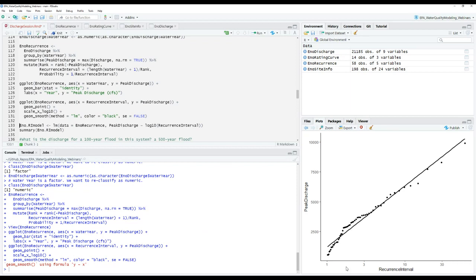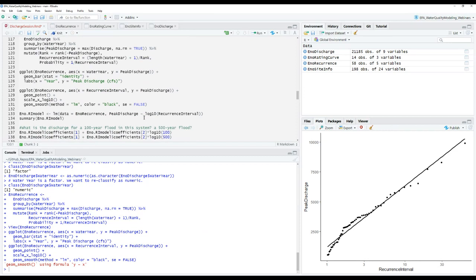In this case, if we look at our recurrence interval, and sorry, this is on our log scale, as we increase in recurrence interval, we go up in peak discharge. Our line of best fit doesn't fit perfectly, but we're hitting a lot of the points, with not a ton of scatter around that line.